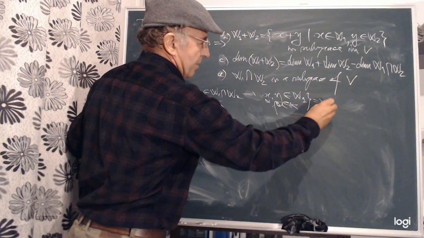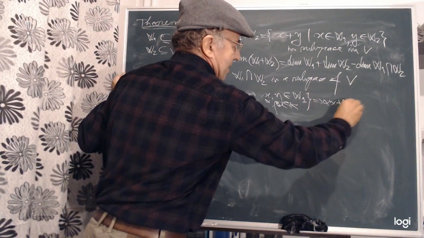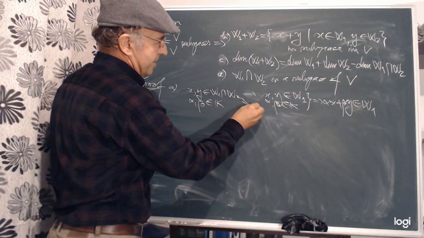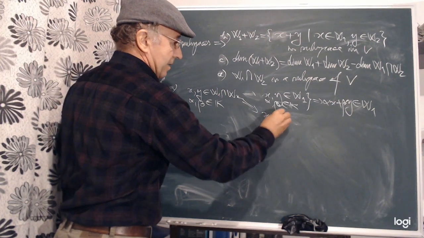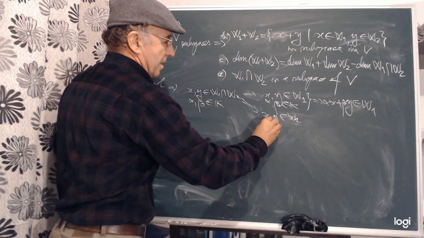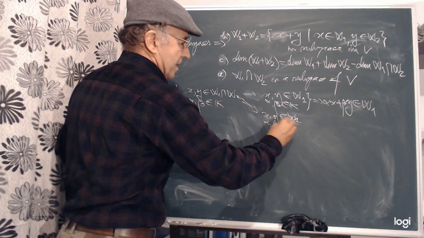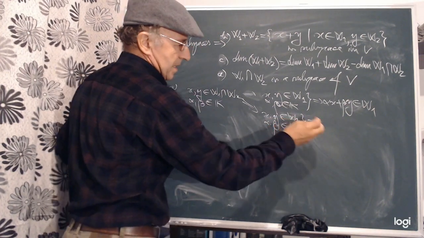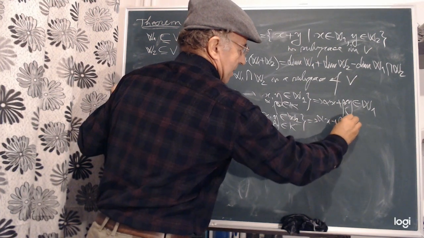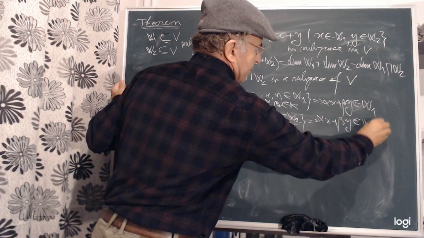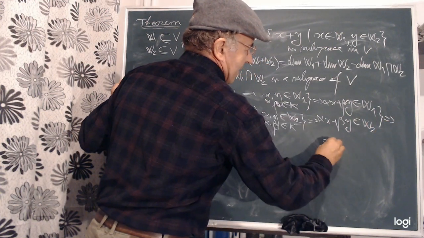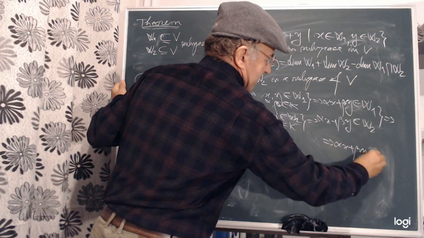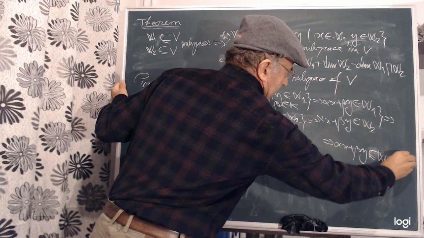From this, we know that alpha x plus beta y is in W1, and also x, y are at the same time in W2, alpha, beta are considered scalars, and W2 is a subspace, so the linear combination alpha x plus beta y is in W2. From this too we get that alpha x plus beta y belongs to the intersection of W1 and W2.